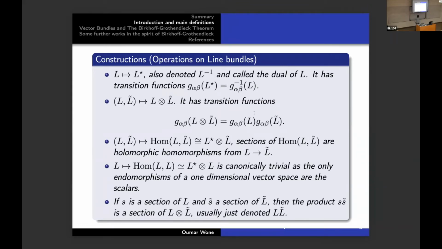If L tilde is equal to L, then we get the trivial line bundle. Now, if we have a section S of L and a section S tilde of L tilde, then the product S times S tilde is a section of the tensor product.